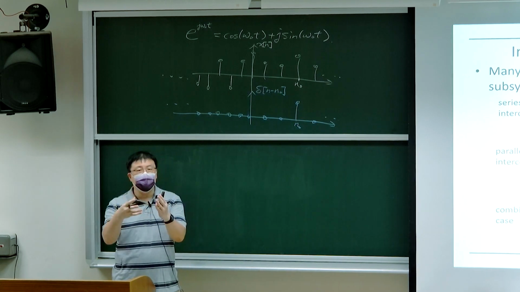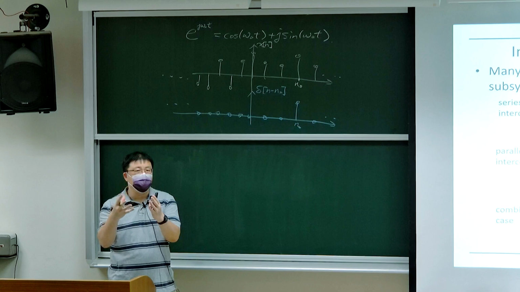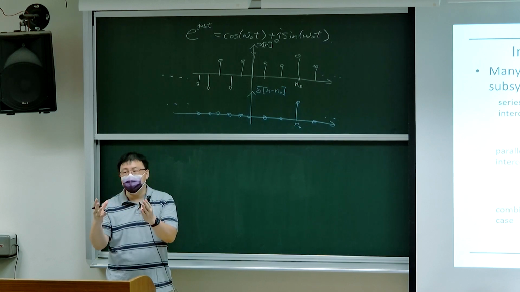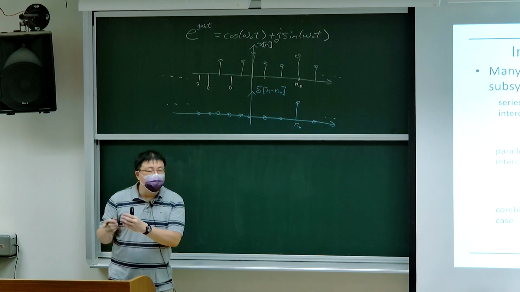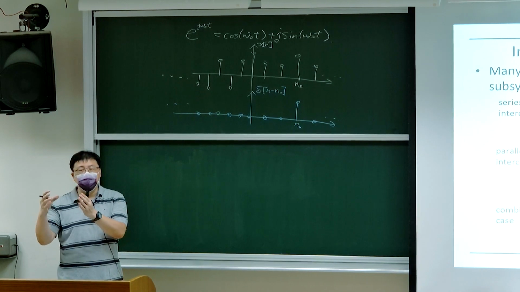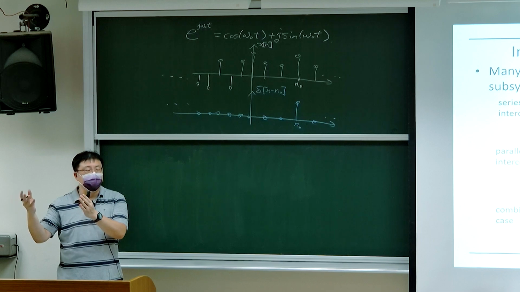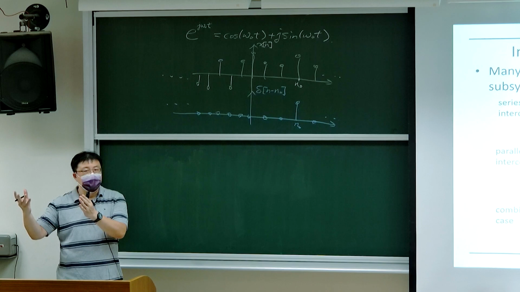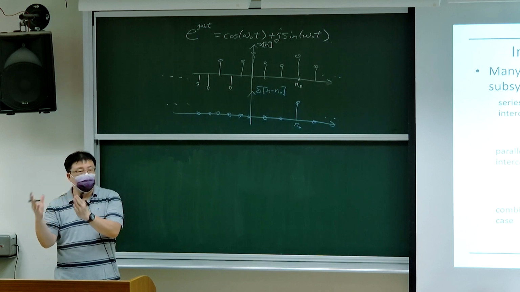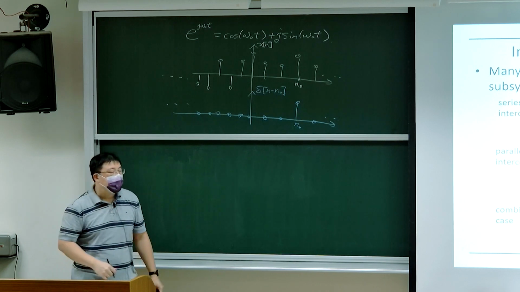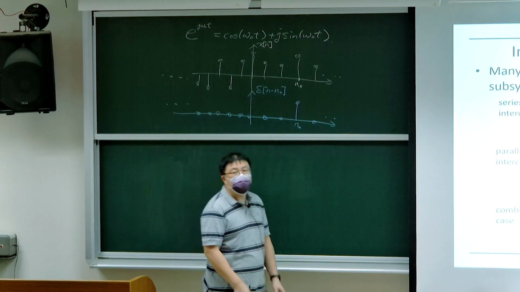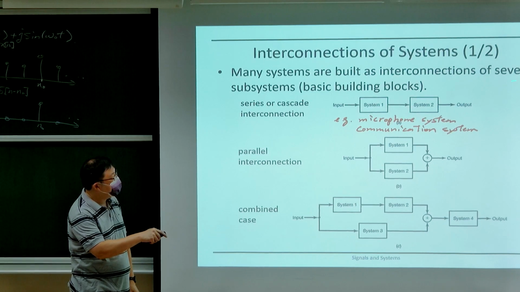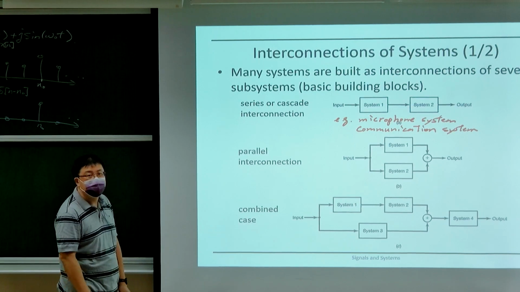You may add in some redundancy through error control coding. That constructs another system. This encoded bit of information may be converted to a continuous time EM wave that you transmit through the channel, right? And to do that, you pass it through a third system, okay? So many systems can be viewed as a cascade of multiple subsystems, okay?